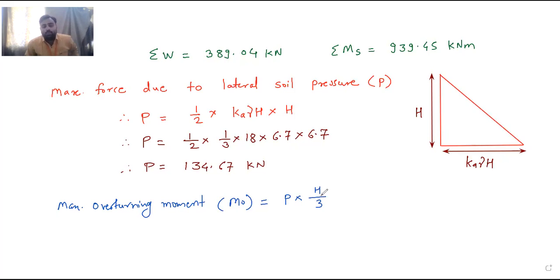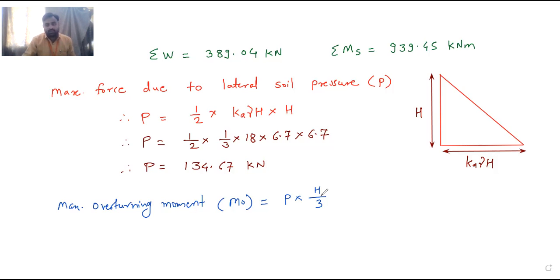Now you can see over here, this is your retaining wall, and this type of pressure will be there. The soil is trying to apply pressure on this retaining wall, so this is nothing but soil pressure. We have calculated it as half base into height, the area of this triangle. This soil pressure will act from the CG of this triangular area.